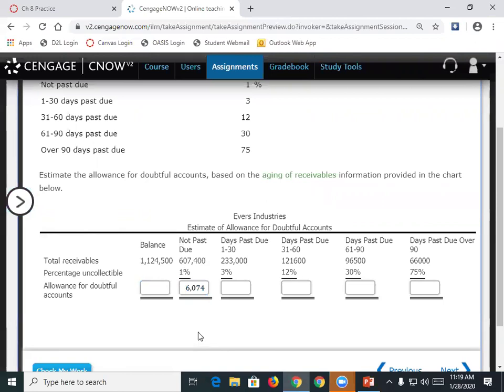How about if it's 1 to 30 days past due? Very good, 6,990. So 3% of 233,000. 31 to 60. $14,592. Very good.